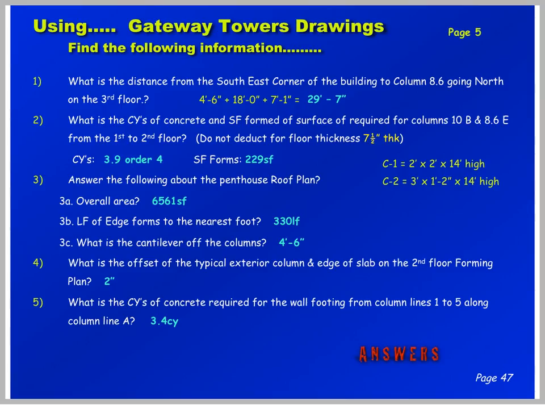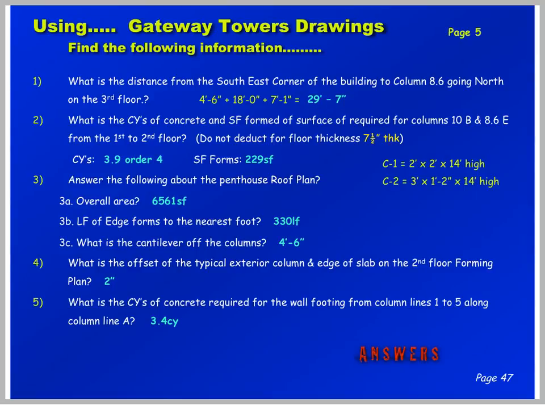Using the gateway tower drawings, what is the distance from the southeast corner of the building at column 8.6 going north on the 3rd floor? And the answer is 29 foot 7 inches.